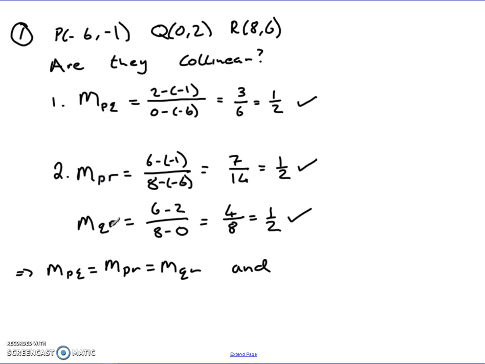If I chose my PQ and my QR, and Q was a common point, so I'll stick with the first one, and P was a common point, P, Q, and R are collinear.